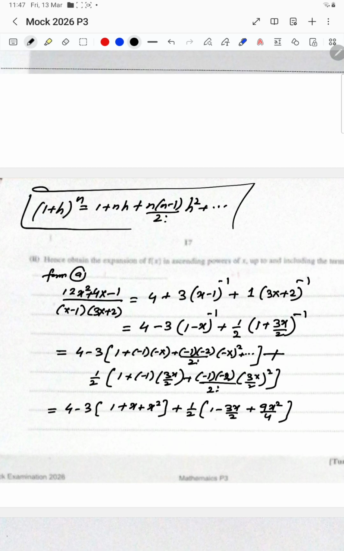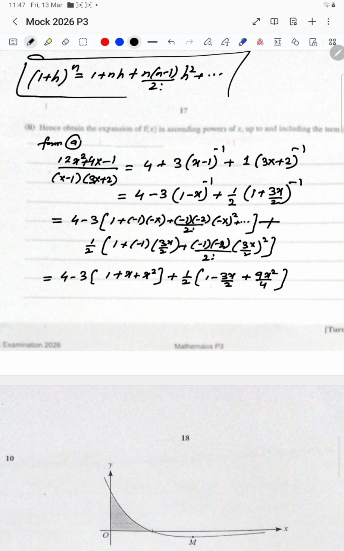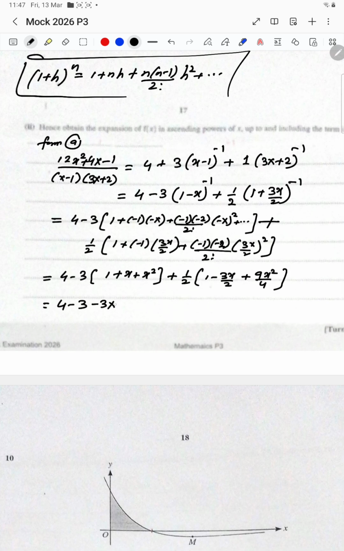Okay, now further simplifying it, expand it. 4 minus 3 and minus 3x square plus 1 by 2 minus 3x by 4 minus 9x square by 8. Now arrange the like terms.